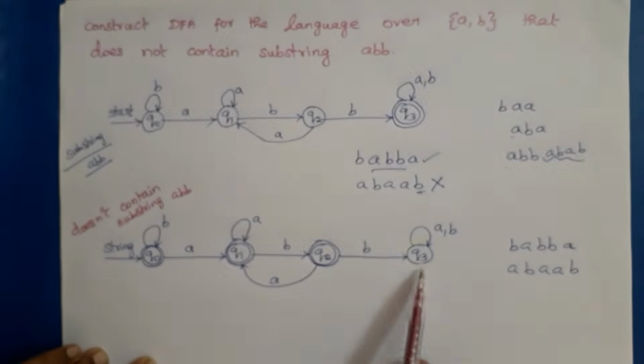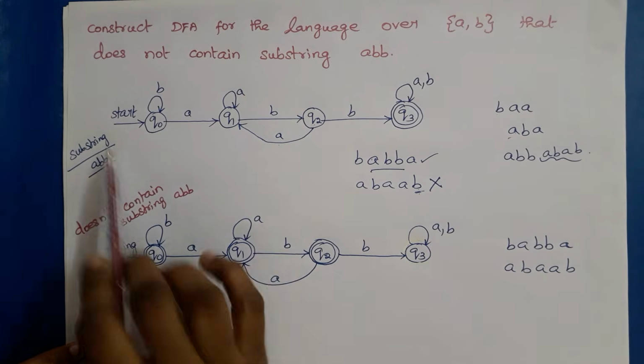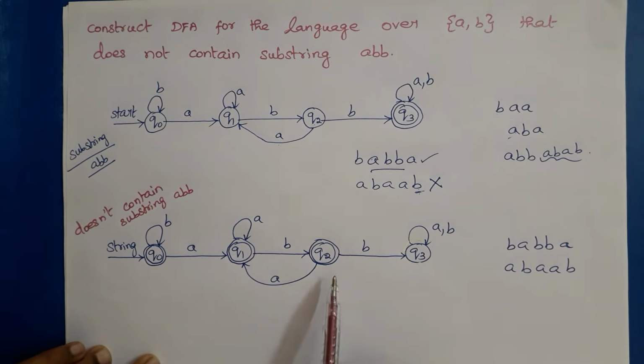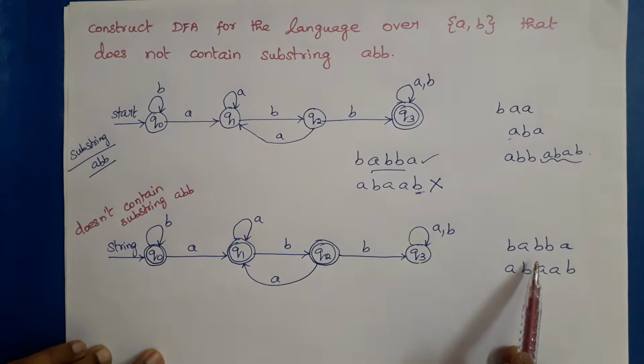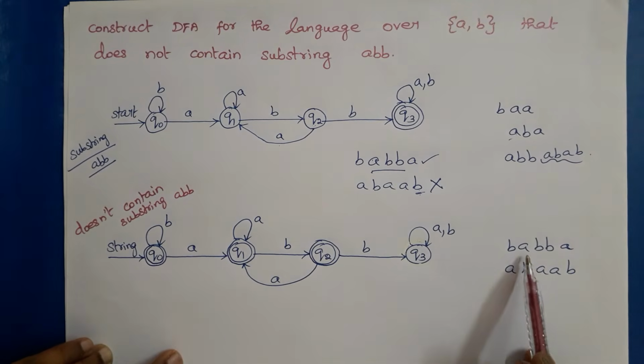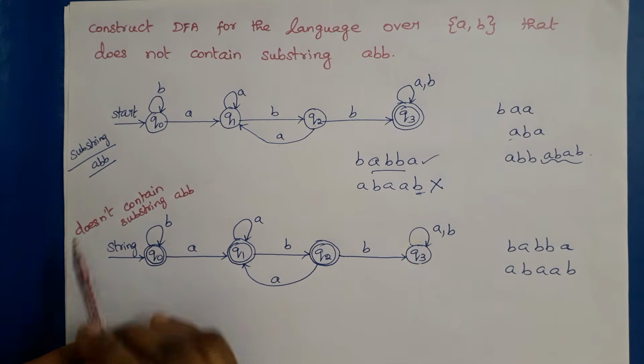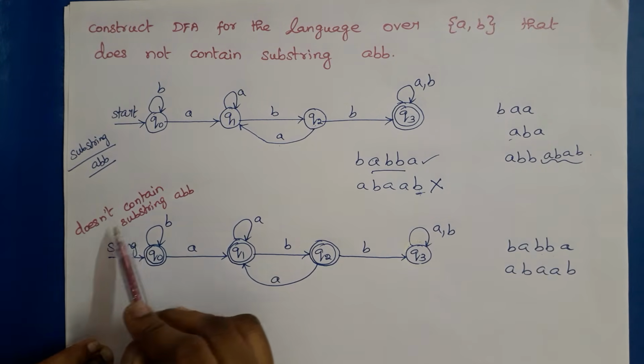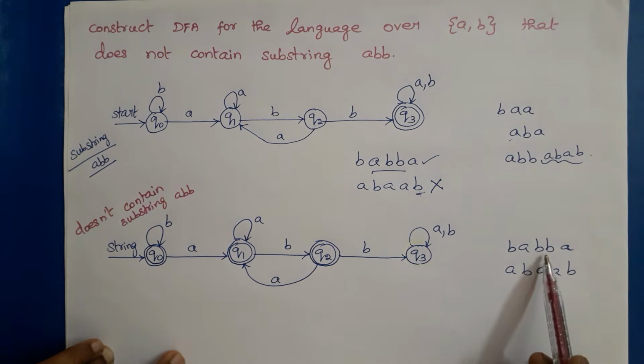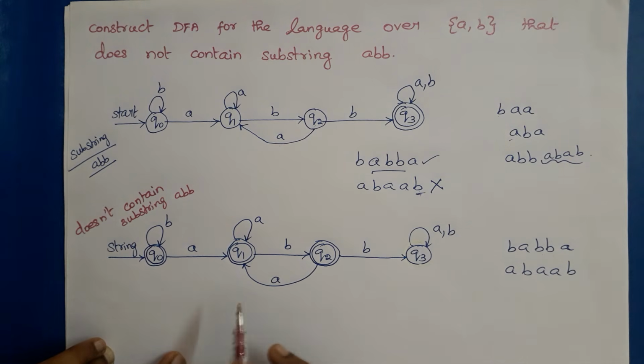Here Q3 was a final state, and it is a non-final state in this problem, and all the non-final states become final states. So now consider the same example. This input string has ABB as a substring, so our DFA should reject it because it should not contain the substring ABB.